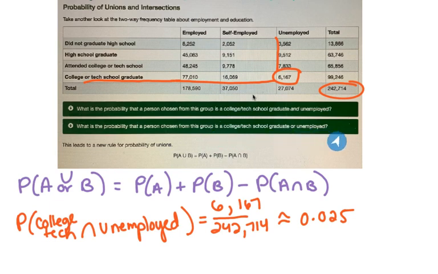Then they want me to find the probability that a person chosen from this group is a college tech school graduate or unemployed. And so now I'm looking at either or. So my probability should be a lot higher because I have a lot more to choose from. So college tech or unemployed.